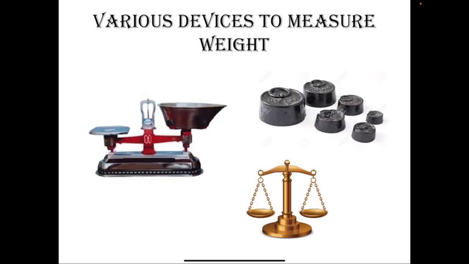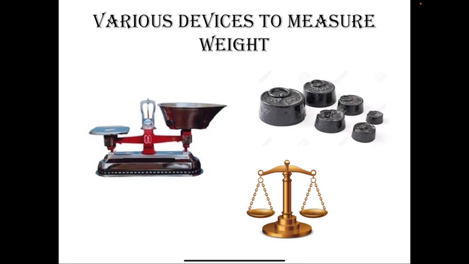Now, various devices to measure weight. In olden times, these types of balances were used to measure weight. You must have seen these. Maybe some of you might be having them at home also, your grannies, like this yellow balance which you can see in the picture, and small weights. They used to measure everything in the kitchen.